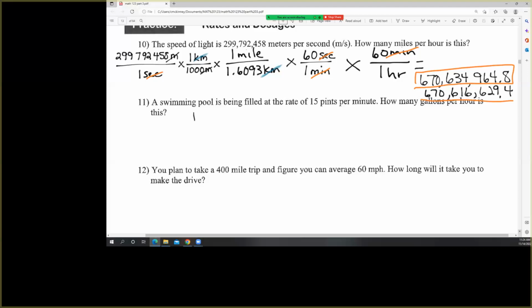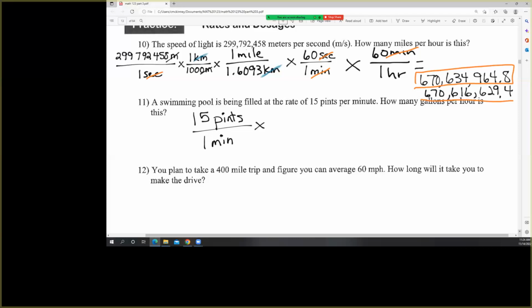Okay, so 15 pints every minute. How many gallons per hour is this? We've got to get pints into gallons and minutes into hours. If you know something on your list that you can use as a shortcut, great.